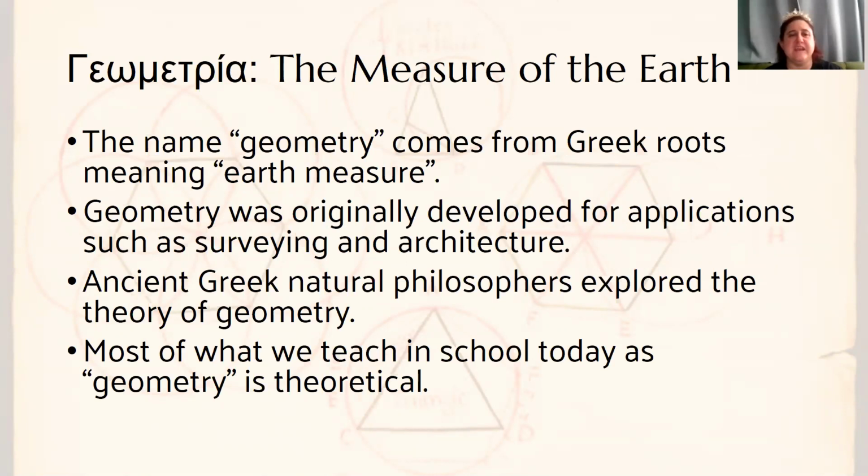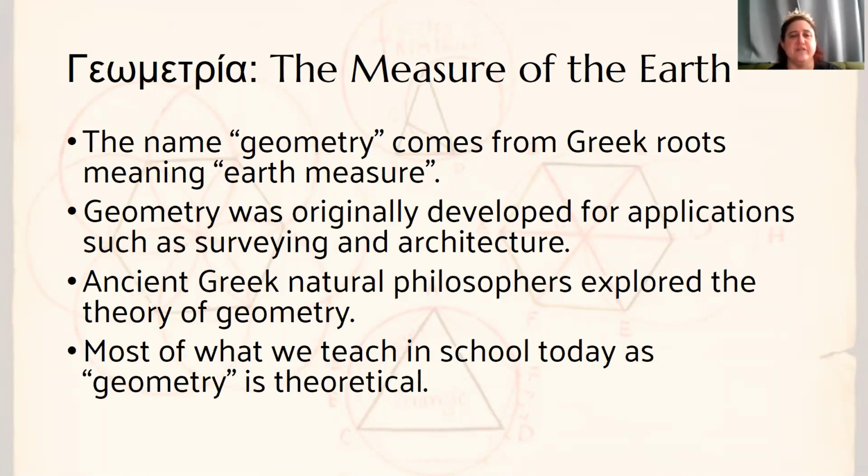Okay, so the name geometry comes from Greek root words meaning earth measure, geometria. Geometry was originally developed for application stuff. So surveying, architecture, people want to build pyramids, they want to survey land, they want to do things like that. And of course, the ancient Greeks were big into philosophy.